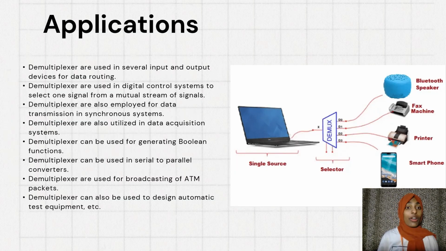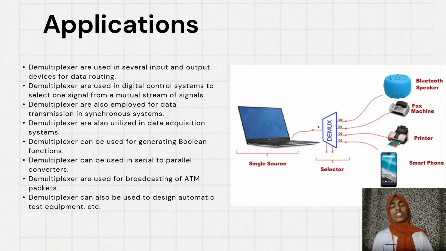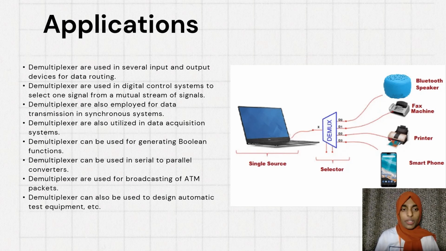Demultiplexers have many applications, like they are used in several input and output devices for data routing. The second one is digital control systems, to select one signal from a mutual stream of signals. I have shown in the picture that one single source connected to a demultiplexer may be connected to many outputs like a Bluetooth speaker, fax machine, printer, smartphones, and many more, based on the type of demultiplexer we have used.